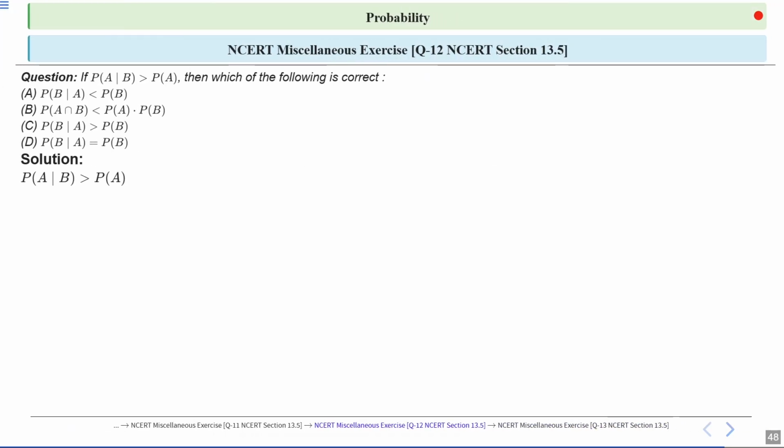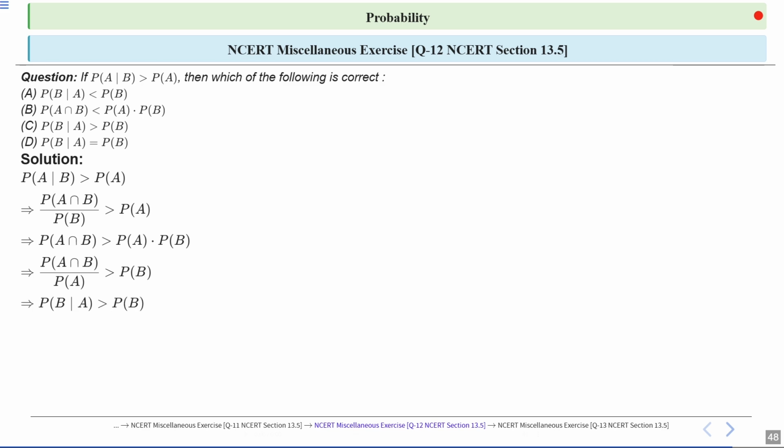Probability of A given B is greater than probability of A. This means probability of A intersection B divided by probability of B is greater than probability of A. It implies probability of A intersection B is greater than probability of A multiplied by probability of B. It implies probability of A intersection B divided by probability of A is greater than probability of B. So it implies probability of B given A is greater than probability of B. Thus, the correct answer is option C. So now let's move to the next question.